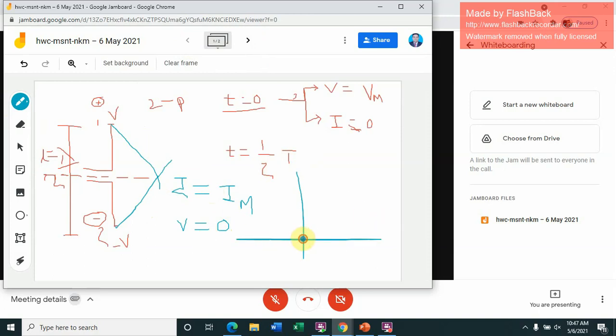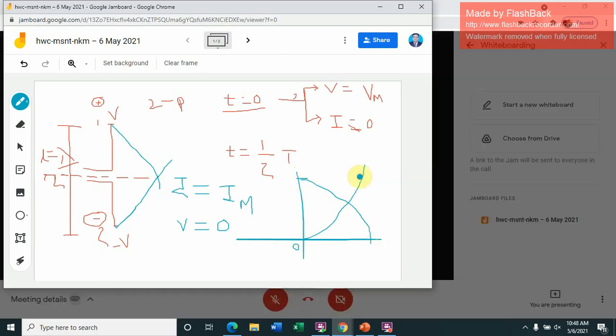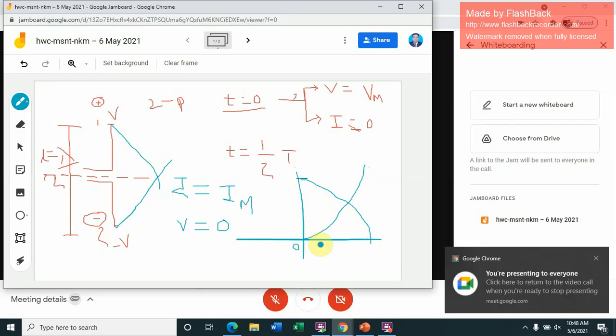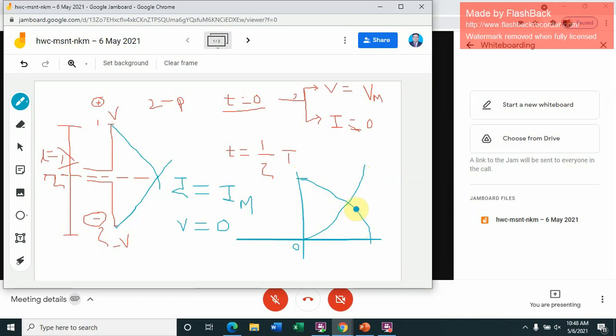The value of the current goes on increasing here, and the voltage is maximum till this end at t equal to 0, and the value of the voltage goes on decreasing. Means one parameter goes on increasing, another parameter goes on decreasing, and we do this purposefully, because of that the wave should be generated.